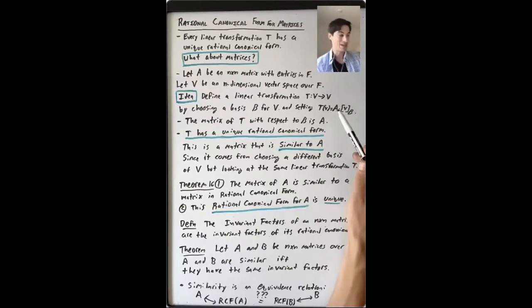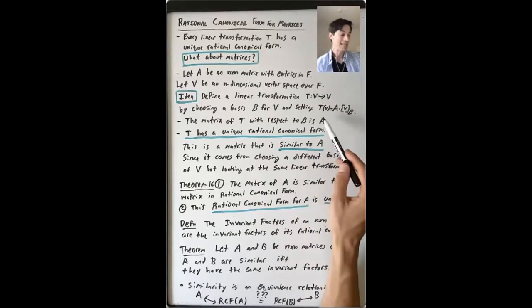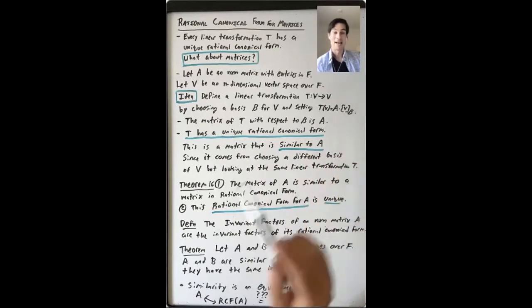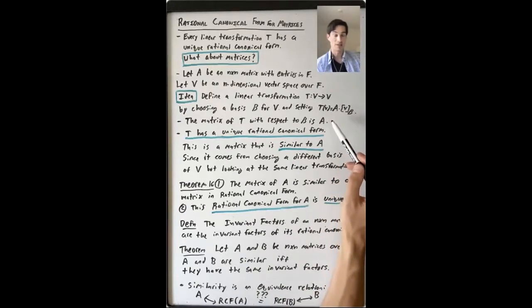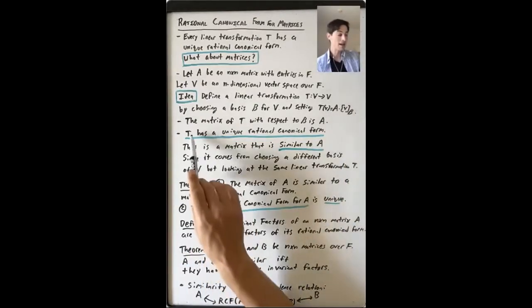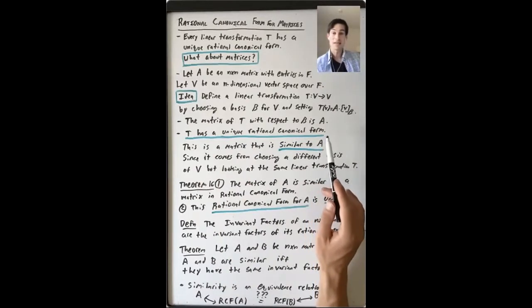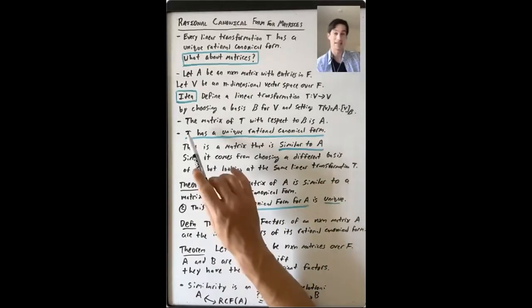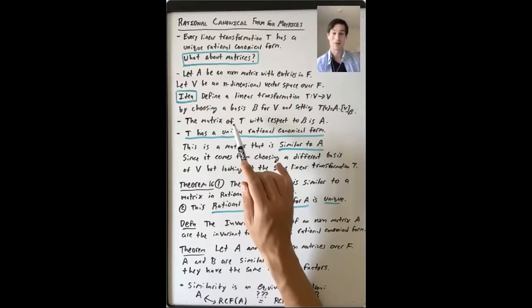What is the relationship between T and A? Well, the matrix of T with respect to B is A. So A is a matrix representation of some linear transformation T. We start with a matrix, we get a linear transformation. Now the big idea is that T has a unique rational canonical form. That means there's some basis of V such that the matrix representing T with respect to that basis is in rational canonical form.